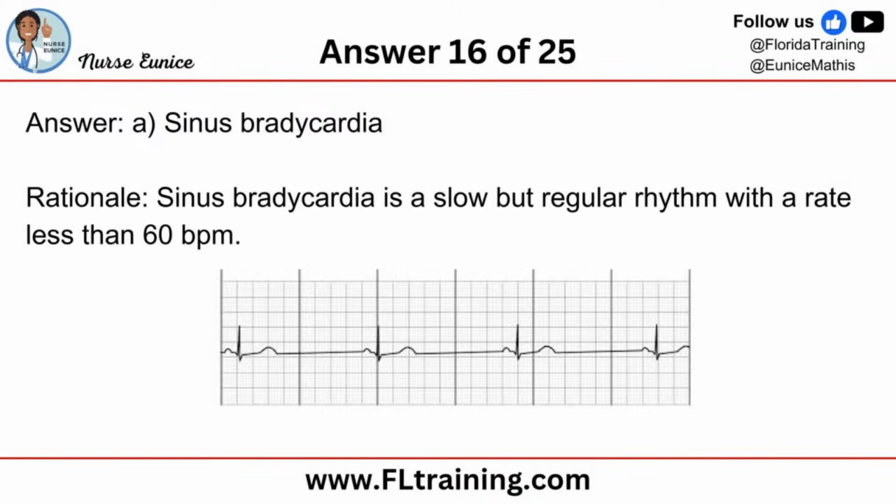And so I want you all to go ahead and count the QRS complexes and then multiply the number that you have by 10 and tell me this patient's heart rate. And we'll give you about 15 seconds to do so. So remember, you want to count the QRS complex, the very tip.